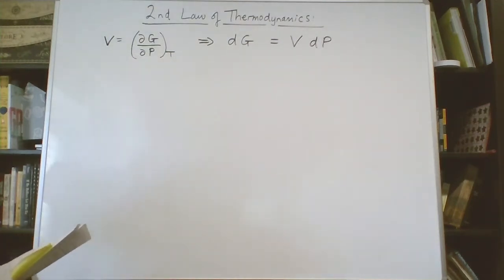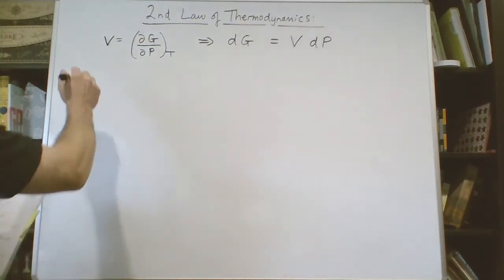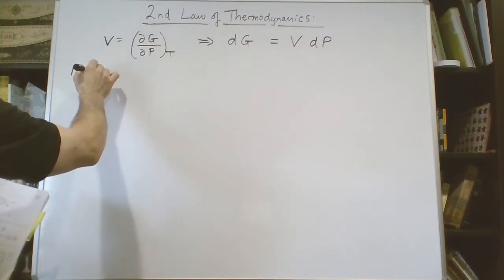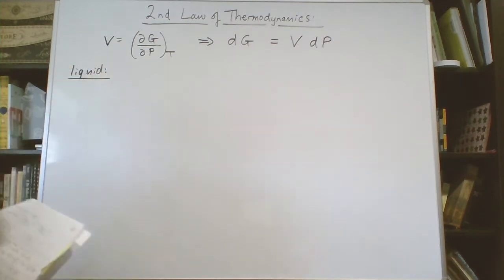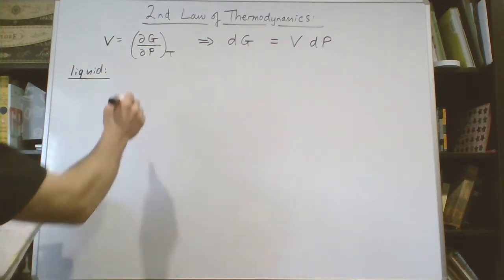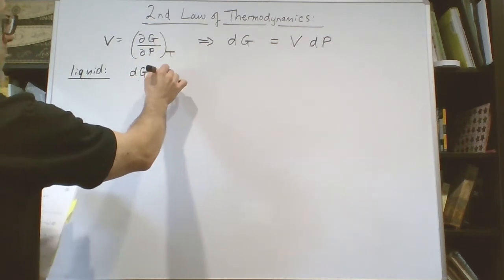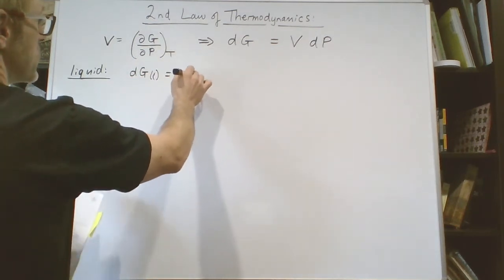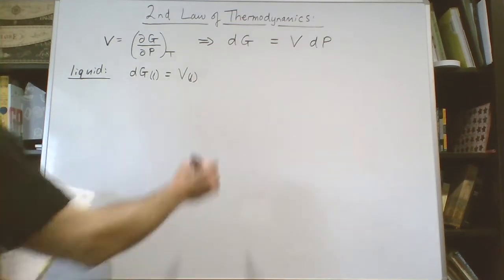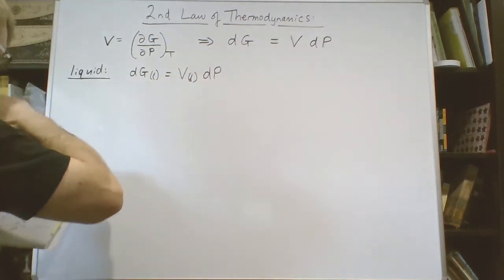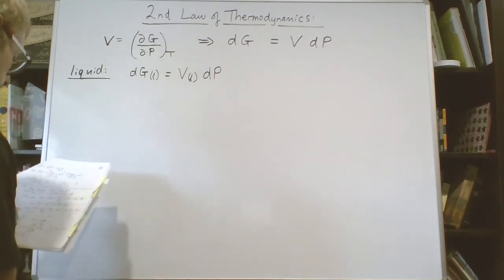Let's apply this to a liquid and a gas. So for a liquid phase, we could say that the change in Gibbs free energy of the liquid is equal to the volume of the liquid multiplied by the change in pressure of the liquid.